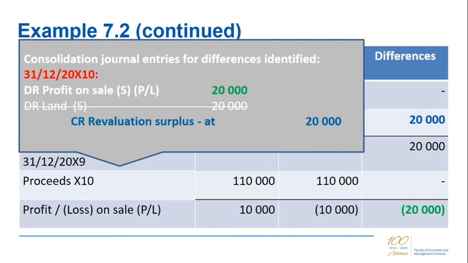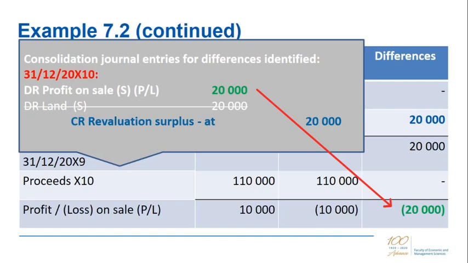So the line item that's different in the starting point, being the trial balance of S, from what I want it to be in the group is now the profit on sale of land, which we've identified down there. So the profit on sale of S that comes into the group financial statements is a 10,000 Rand profit.